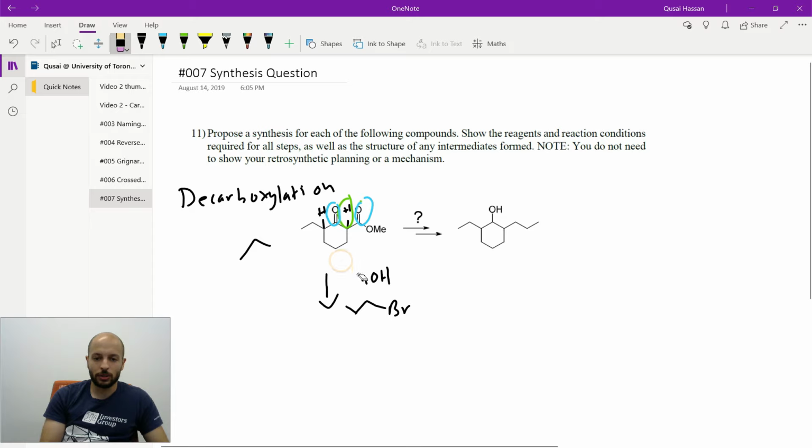So here's a neat trick. Instead of using NaOH, you use sodium methoxide. Now that's a base, but the thing about this is, even if the methoxide group replaces the ester group, you still end up with the same compound. So it doesn't really hurt at all.